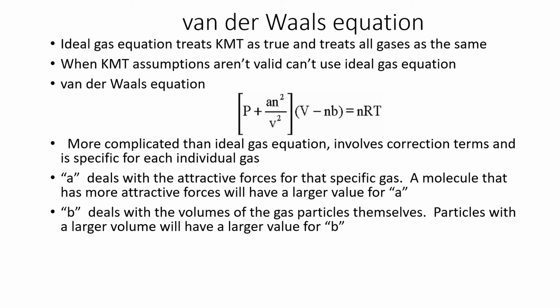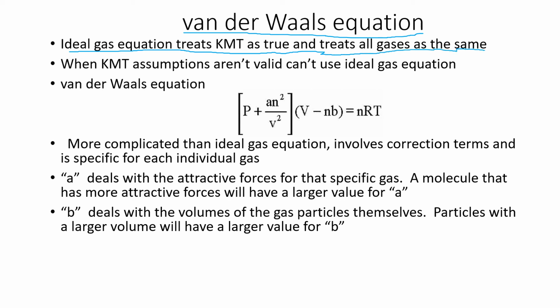So we have ways of dealing with this non-ideal behavior. There's another equation we can use. It's called the van der Waals equation. Remember, the ideal gas equation treats kinetic molecular theory as true. All the assumptions work. And that means we can treat all the gases as the same.